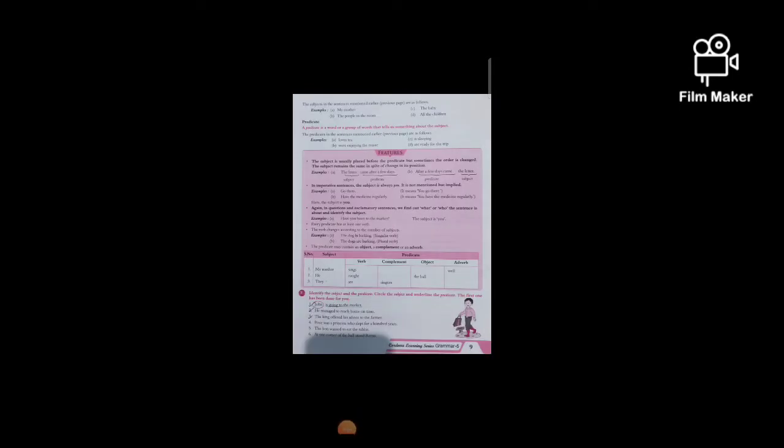The subjects in the sentences mentioned earlier are as follows. Example: my mother, the baby, the people in the room, all the children.